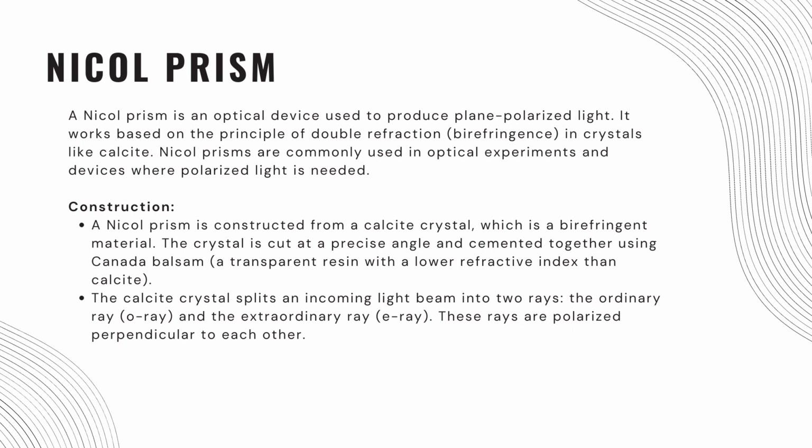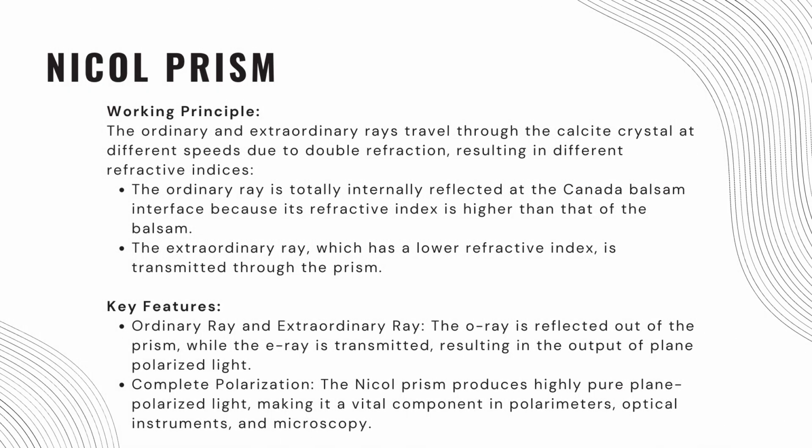refractive index than calcite. The calcite crystal splits an incoming light beam into two rays, the ordinary ray, O ray, and the extraordinary ray, E ray. These rays are polarized perpendicular to each other. Working principle. The ordinary and extraordinary rays travel through the calcite crystal at different speeds due to double refraction, resulting in different refractive indices.